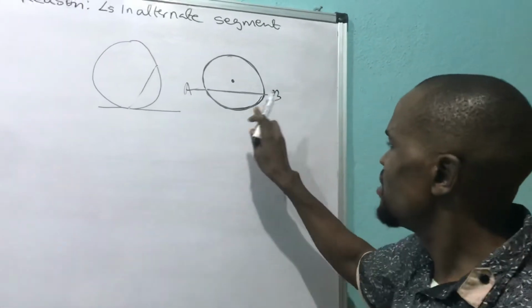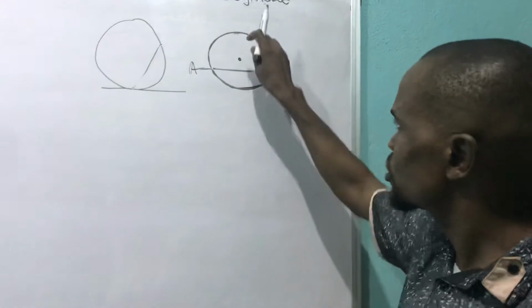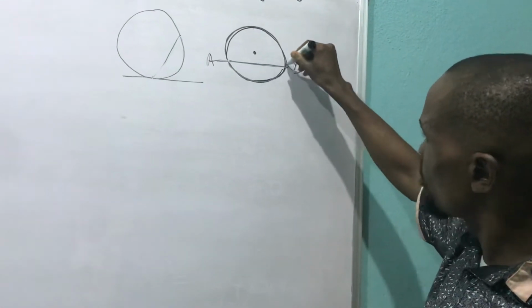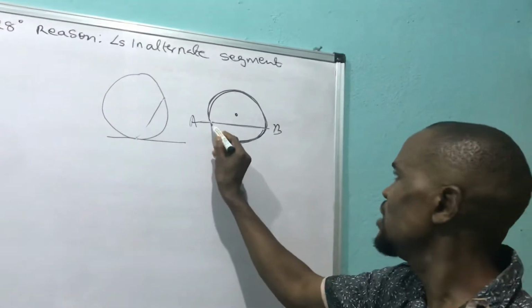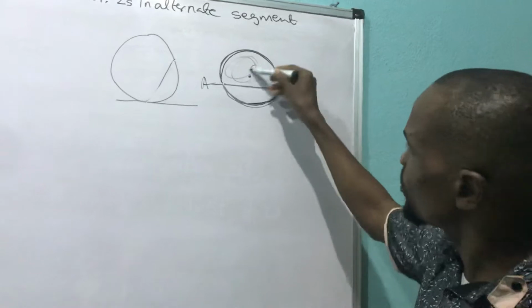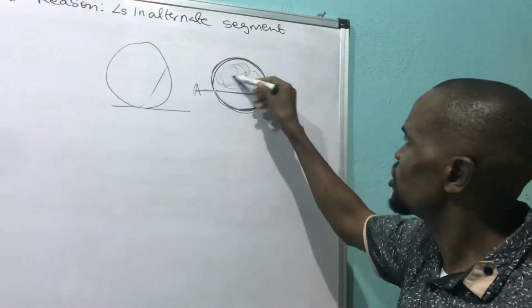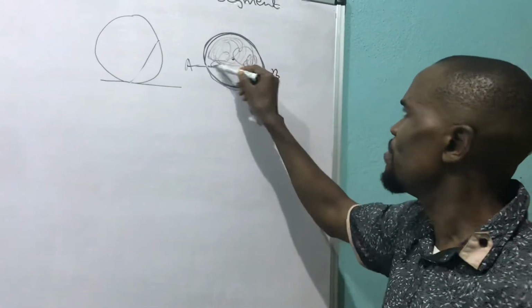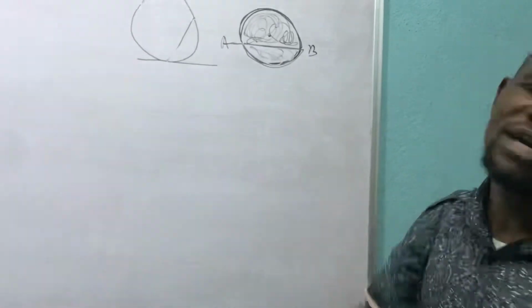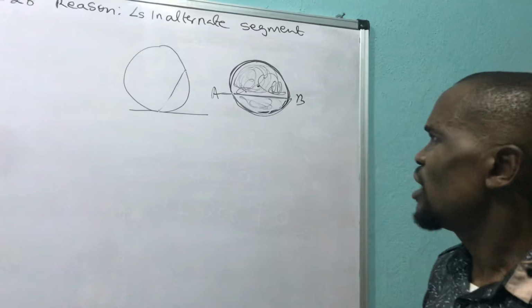This chord AB divides this circle into two segments and two arcs. From here to here becomes my major arc. From this to this becomes my minor arc. While this place becomes my major segment, this shaded portion is my major segment, while this place becomes my minor segment. Understood?